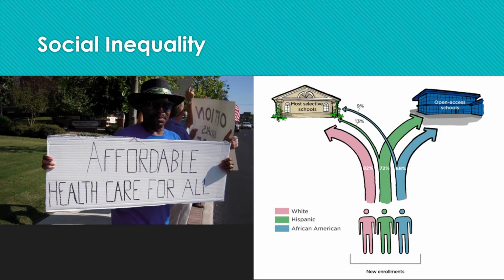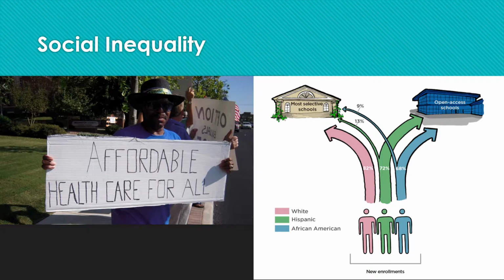So social inequality is a situation in which individuals, families, or members of larger structures like neighborhoods or cities vary in access to such valued resources as wealth, income, education, healthcare, and jobs. As you can see, in the picture on the left, the gentleman is saying that there should be affordable health care for all, because that does differentiate, that is part of social inequality.